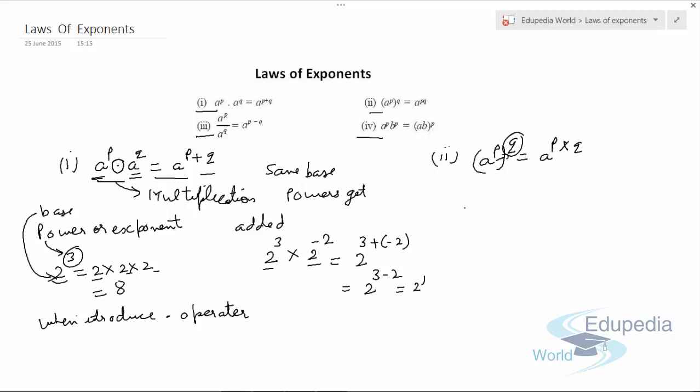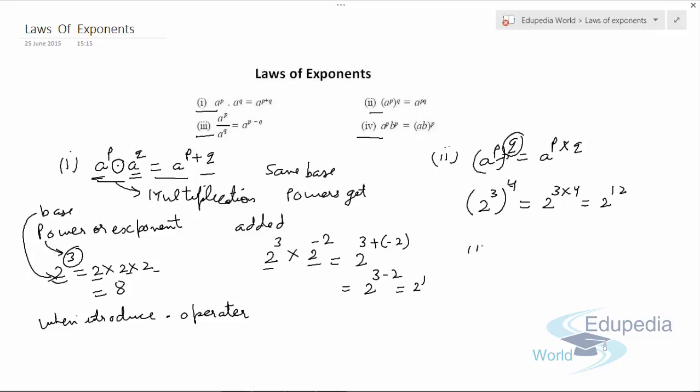So let me explain this through the example. Suppose we have 2 raised to power 3, and for this whole number, we have again higher power, which is 4. So according to the law above, it can be written as 2 raised to power 3 into 4 or 2 raised to power 12. Means the powers will get multiplied.